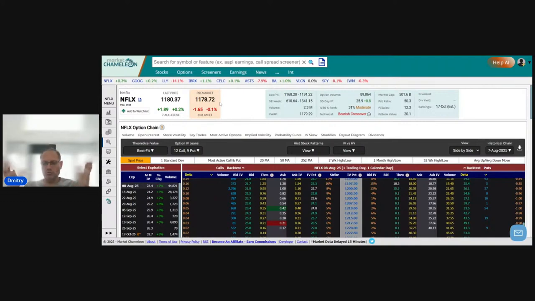And the way the Greeks are created is that they're pegged to a dollar move in the stock. How sensitive are these options to a dollar move? It's important to understand those option dynamics. What are we expecting the option to move for a dollar move in a stock?